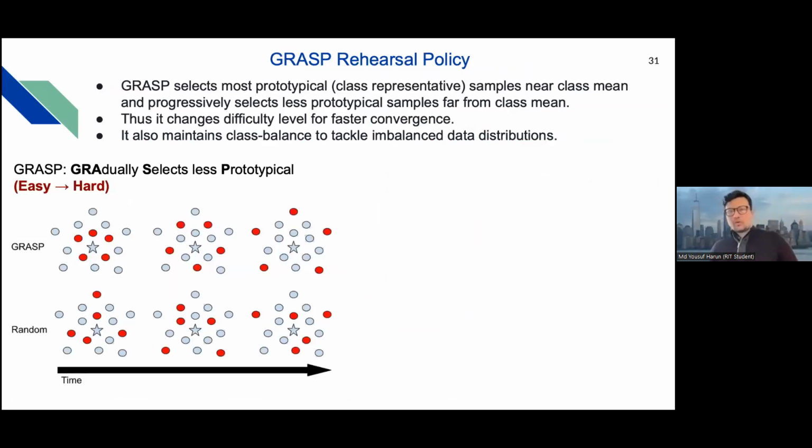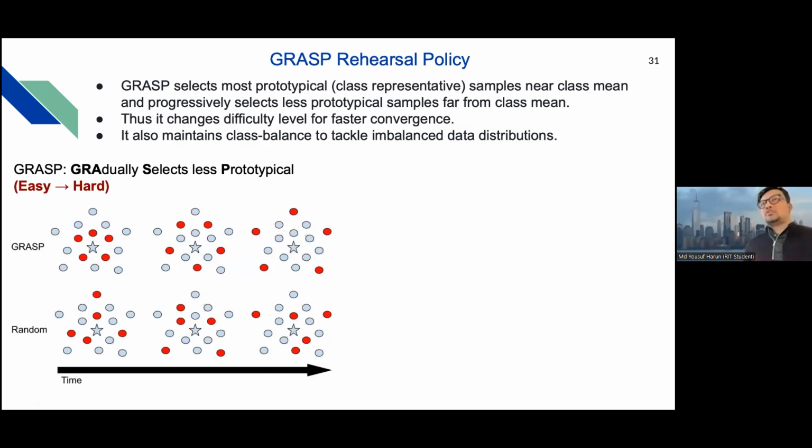Our objective is to find a smarter rehearsal policy that can outperform the uniform random policy. Here's the idea. This is called GRASP, gradually select less prototypical. The idea is you sample easy examples first and then progressively sample harder examples over time.